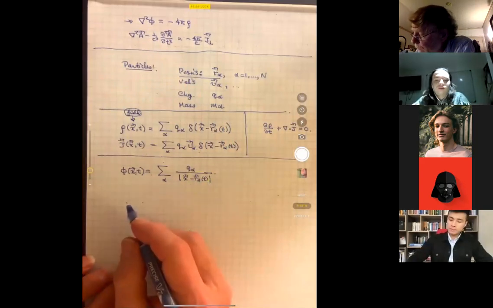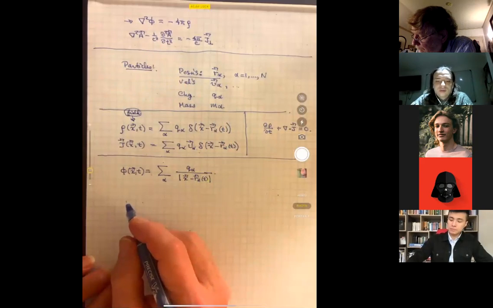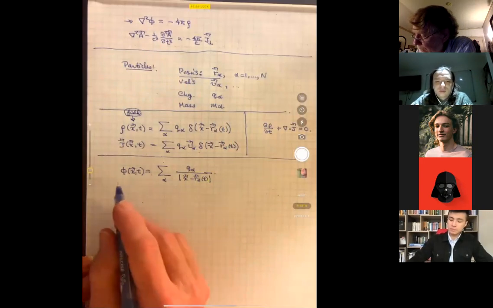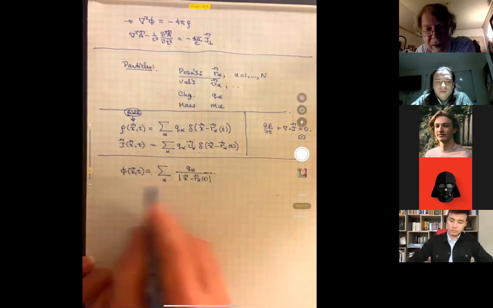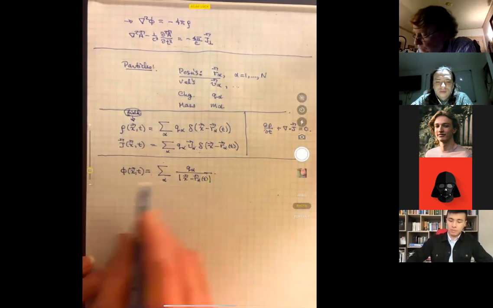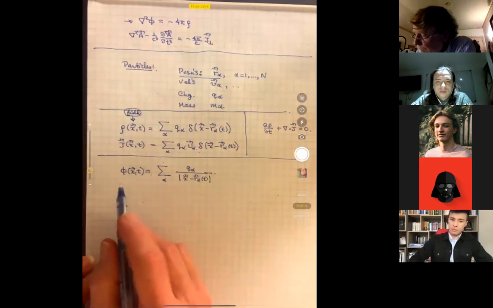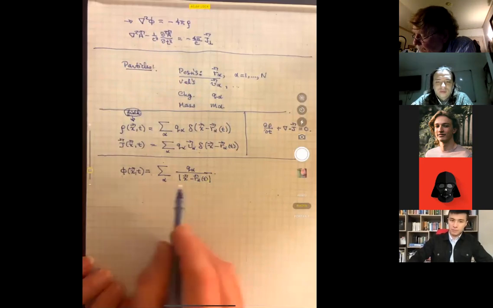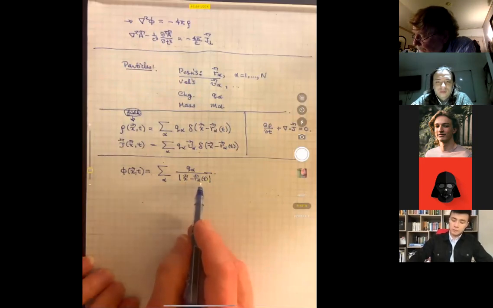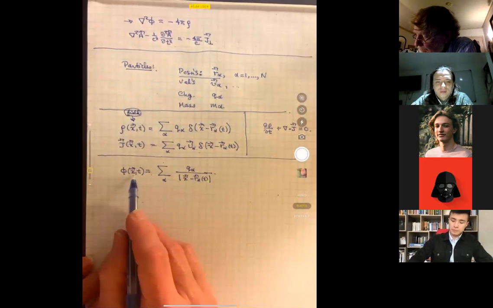All right. Now then, likewise, I could take the gradient of this, get the electric field, and it would also be a non-retarded expression. Notice that the scalar potential phi is actually a function of the particle positions r alpha. The x here is not a dynamical variable at all, but it's merely the point at which we measure the field.